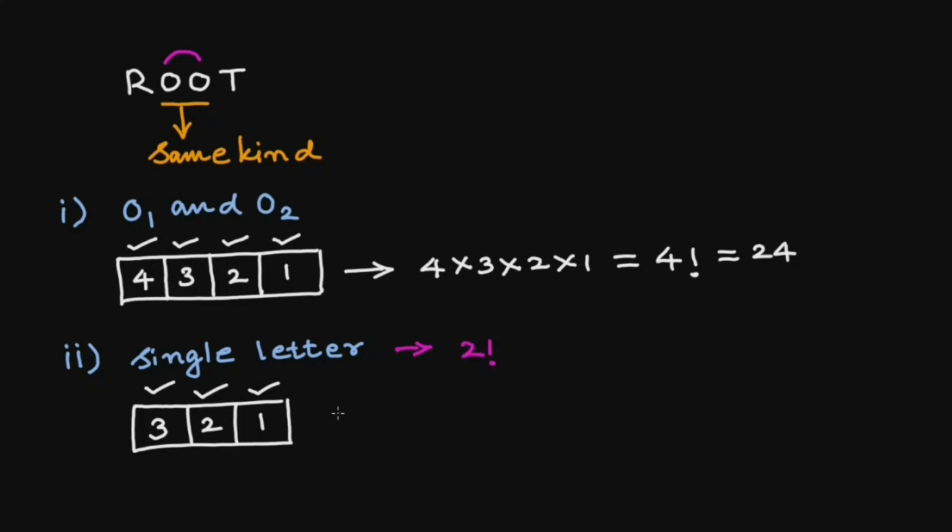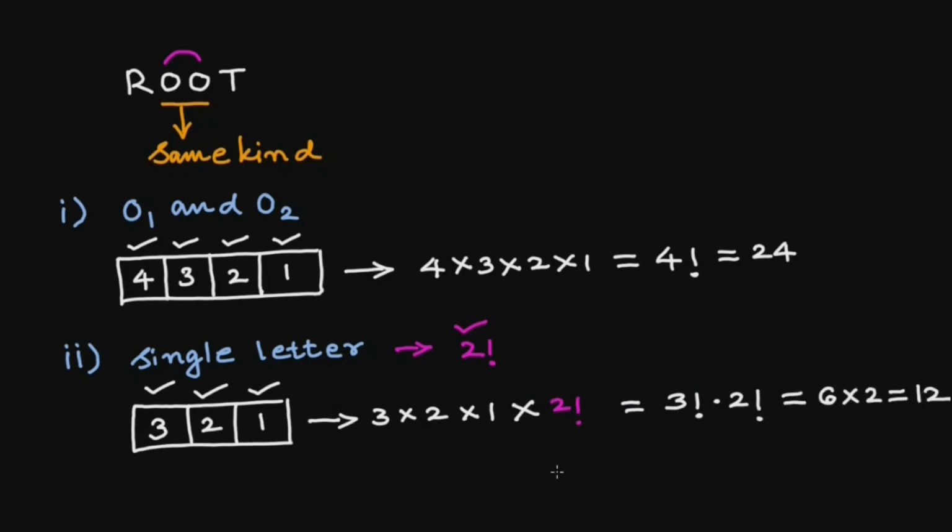So the total number of words will be 3 multiplied by 2 multiplied by 1 multiplied by this 2 factorial. That will be 3 factorial into 2 factorial, 6 multiplied by 2, 12 words. Now this, in terms of 4 factorial, can be written as 4 factorial upon 2 factorial, which will be 4 multiplied by 3, 12.